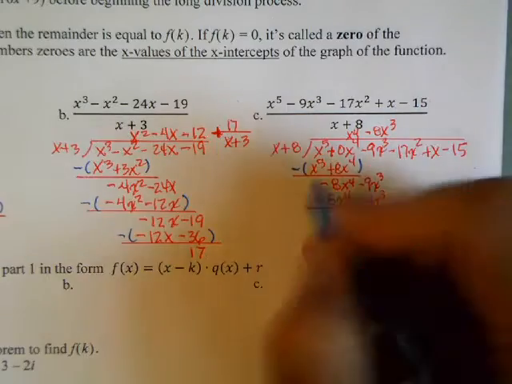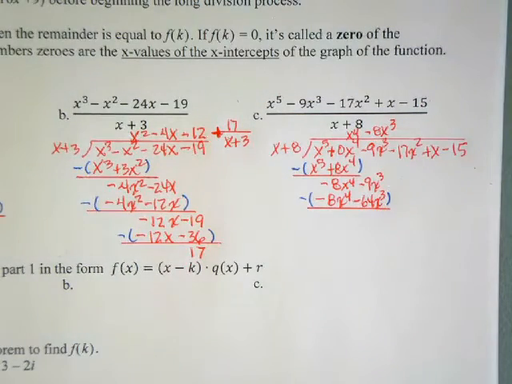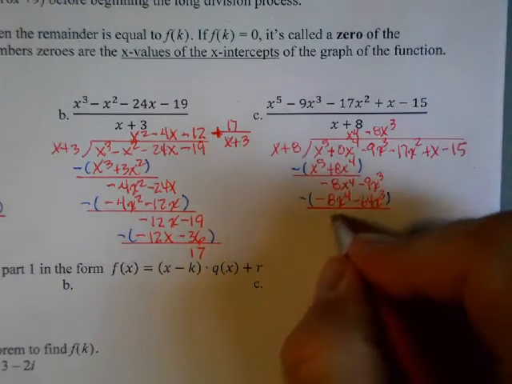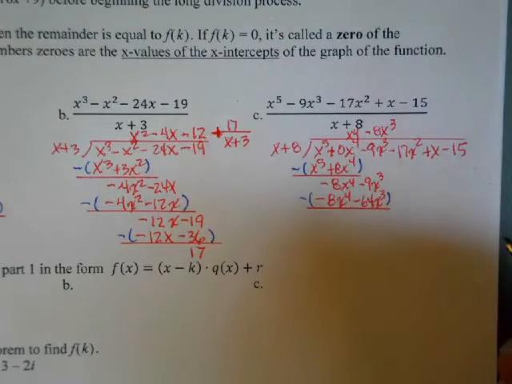So this is what I'm subtracting this time. So again, those will be gone. I'm going to have negative 9 plus a 64, which will give me 55x cubed.